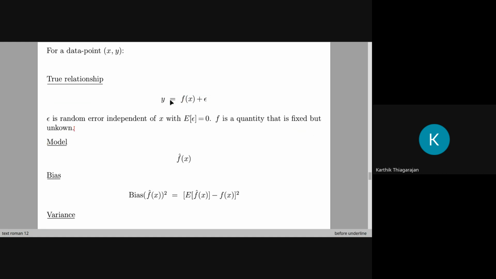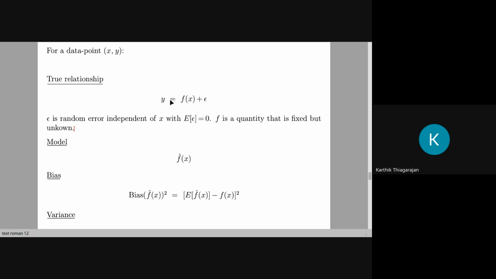So for example, this is very nicely captured in the laws of physics, right? If you drop a ball from, say, 10 meters above, and it hits the ground, you know that there is some relationship between the distance covered and the time taken.